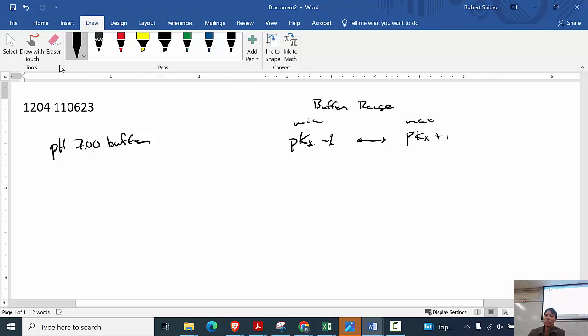Because for buffers, pKa, if we had a buffer, this is why we spent so much time. How much time did we look for an appropriate acid for a pH 7.00 buffer? I think like 15 minutes or 20 minutes we were looking. And the purpose was to do what? To get something with a pKa 7.